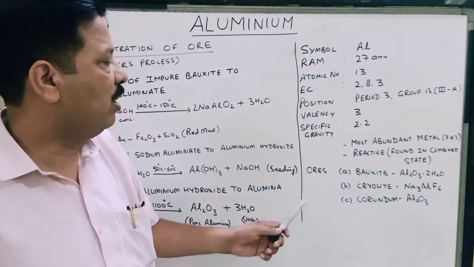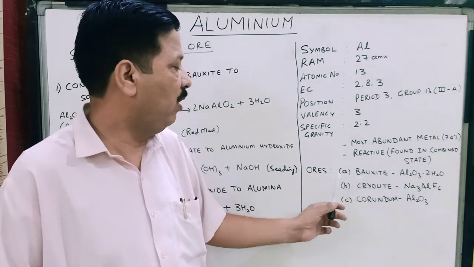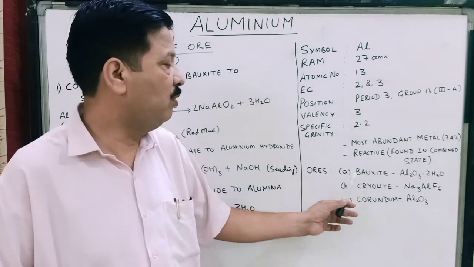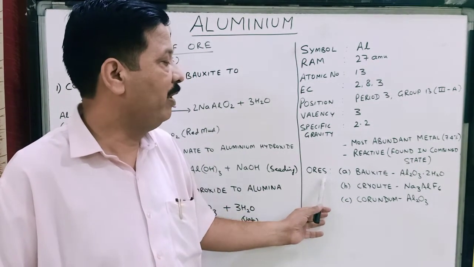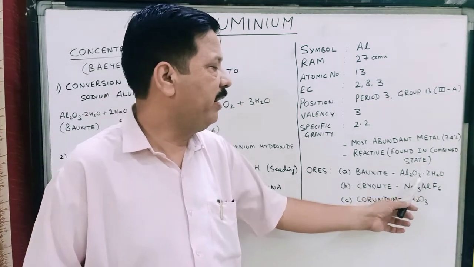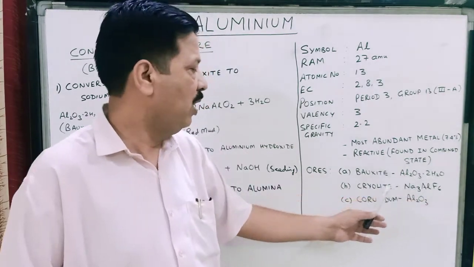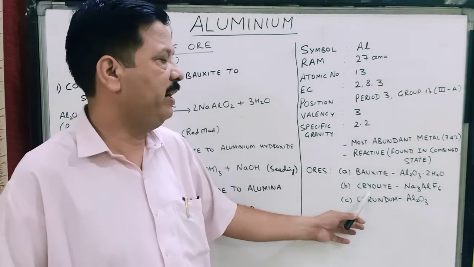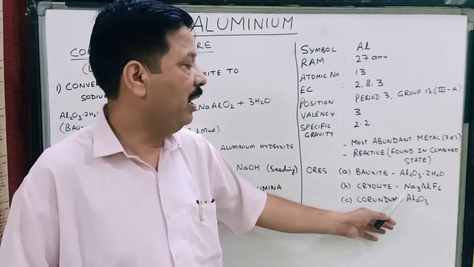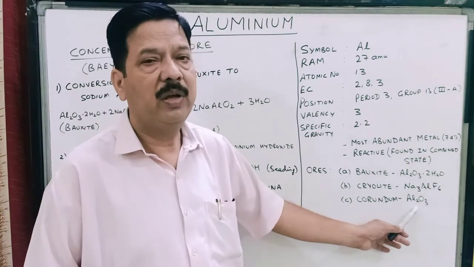And children, if you talk about the ores, the most important ore of aluminium is bauxite, and the formula is hydrated aluminium oxide, Al2O3.2H2O. The next ore is cryolite, that is sodium aluminium fluoride, Na3AlF6, and third is corundum, that is aluminium oxide.